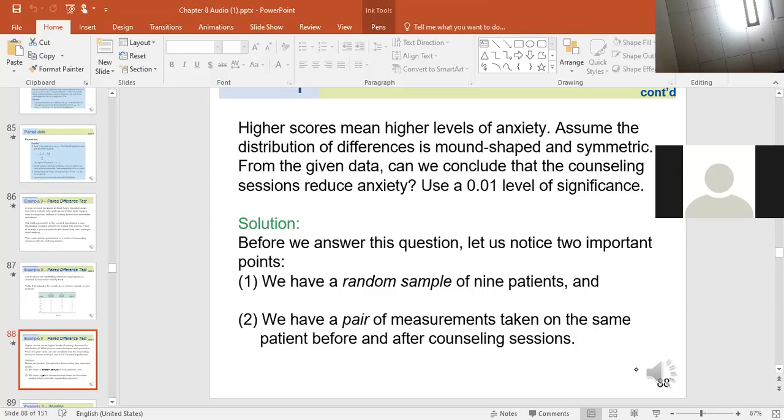Because we reject H0, there is enough evidence to support the claim that counseling reduces anxiety. So you know that data are paired when they are expressed in pairs, and they require that one comes before the other.